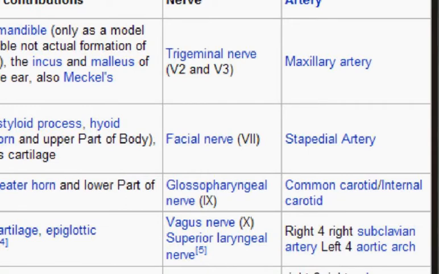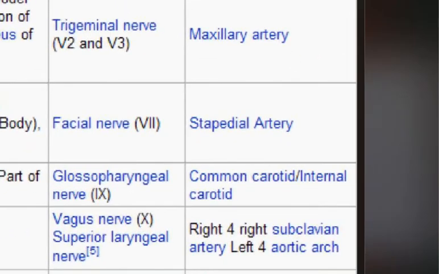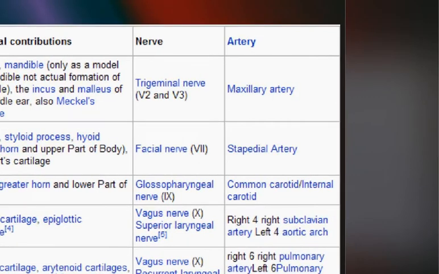Facial nerve, here we see number 7 next to it because it's the 7th cranial nerve. The blood supply of the second pharyngeal arch and all its derivatives is from the stapedial artery.